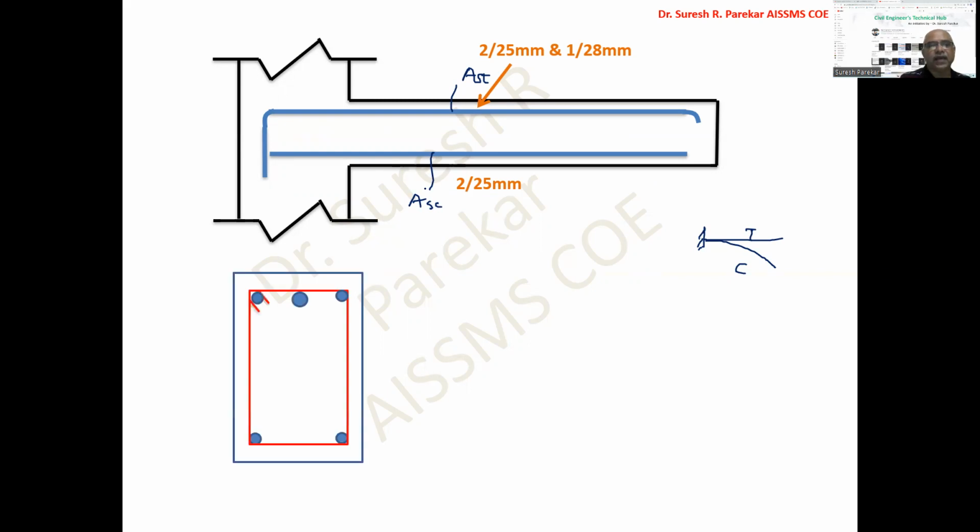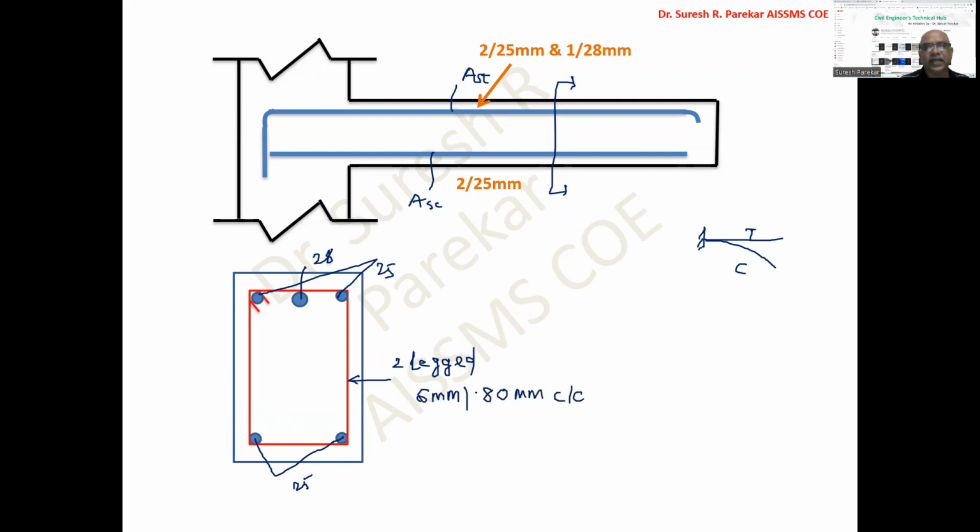Taking the cross section over here, this bar is 28, these 2 bars are 25, these 2 bars are also 25, and we have these stirrups, 2-legged 6 mm at 80 center to center.